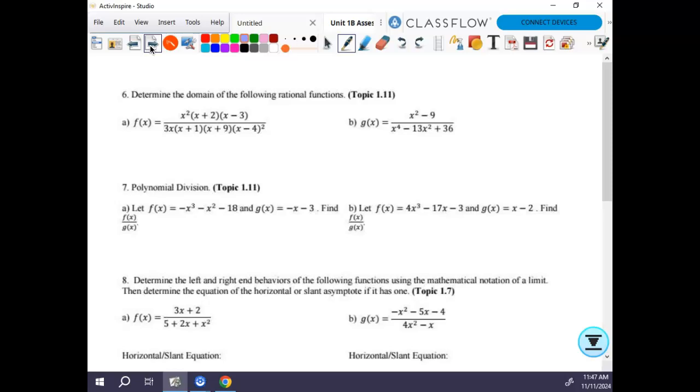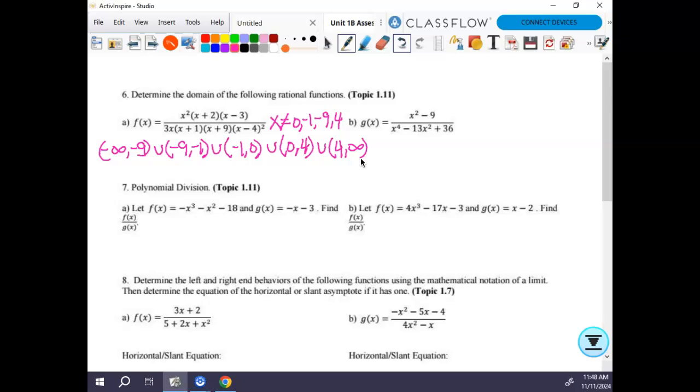So x cannot be -1, -9, or 4, because our denominator can't be 0. So if I was going to write that out, I would go from -infinity to -9, and then -9 to -1, and then -1 to 0, then 0 to 4, then 4 to infinity.